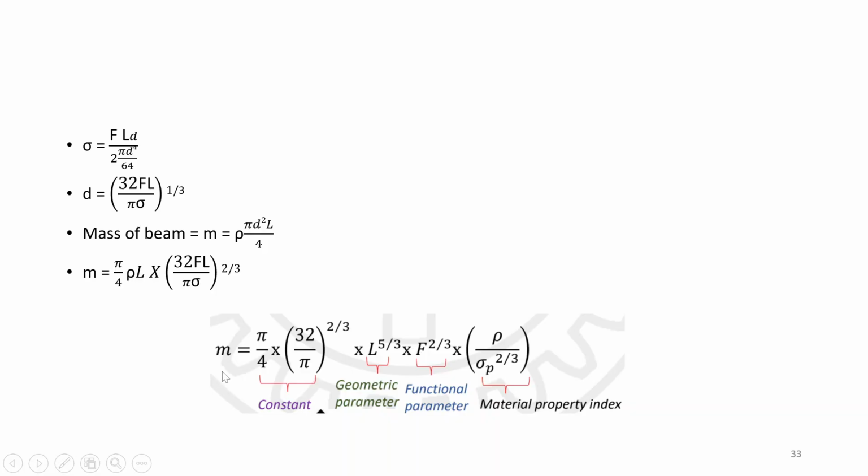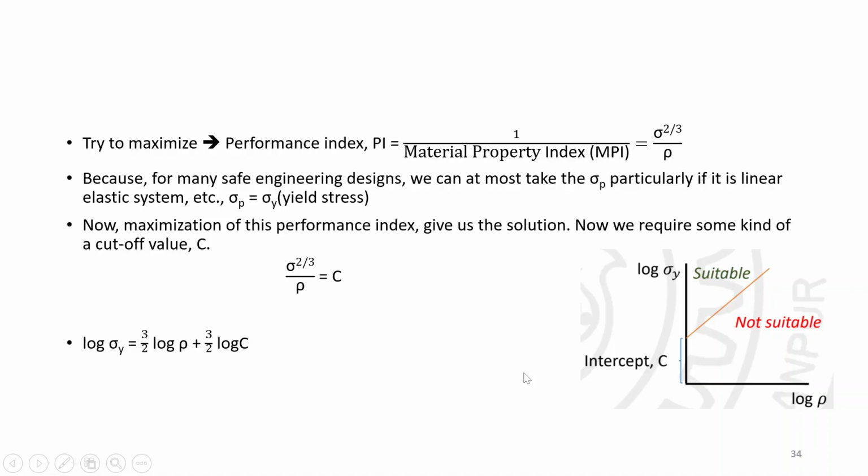So you want to minimize this mass for this beam. So you want to minimize this, then you have to maximize sigma to the power 2 by 3 upon rho. This will be your performance index. Try to maximize the performance index. So it can be given as 1 upon the material property index.